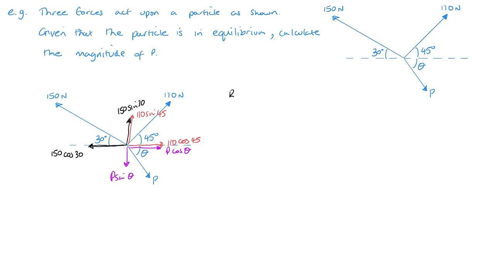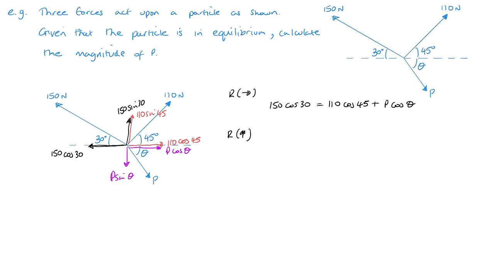So let's first resolve horizontally. Everything on the left will be 150 cos 30, and then on the right we've got 110 cos 45 plus P cos theta. So that gives me one equation with two unknowns.